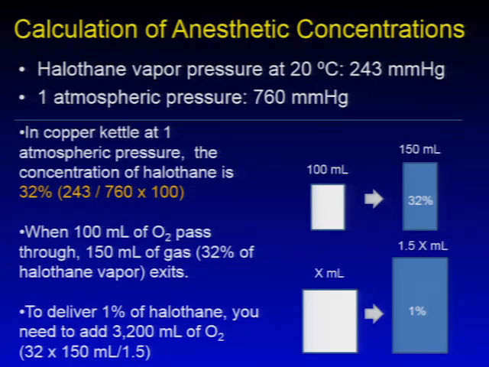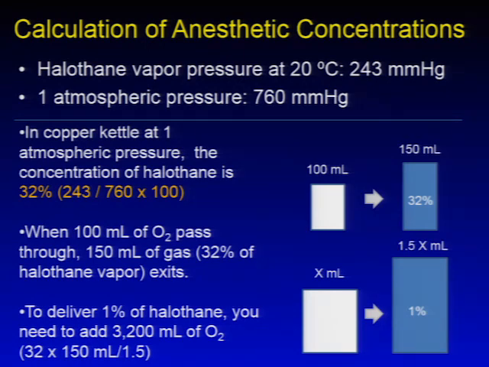In a copper kettle vaporizer at 1 atmospheric pressure, when you give 100 cc of oxygen through that copper kettle, you can get 150 cc of halothane and oxygen mixture. In that mixture, you have 32% halothane vapor.